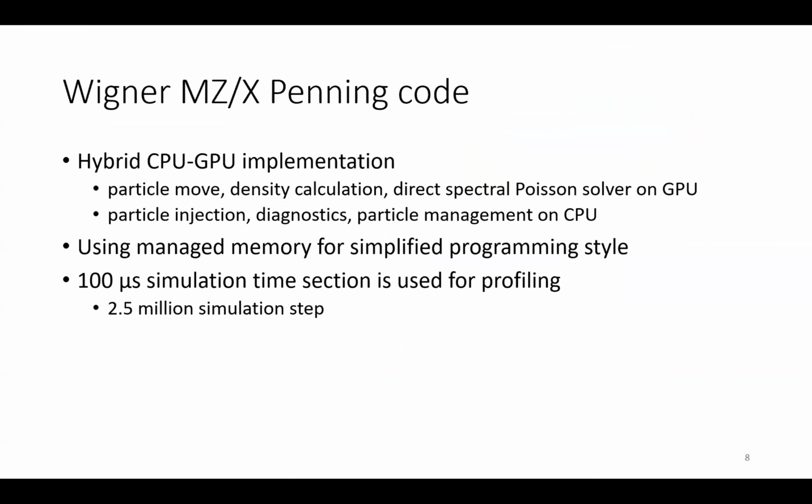That's what we wanted to see first. So our code was basically a hybrid simulation code, and the time-consuming parts were implemented on the GPU, simple parts on the CPU. We used managed memory, and the entire simulation took about 12.5 million steps. So the problem is it's a sequential thing. It's an iterative simulation. So the steps have to be very, very quick if you want to speed up the program.